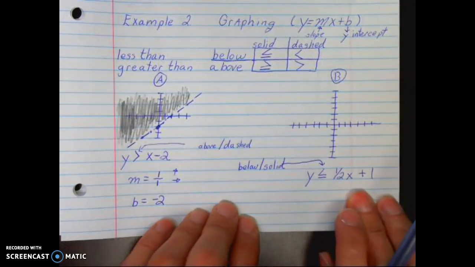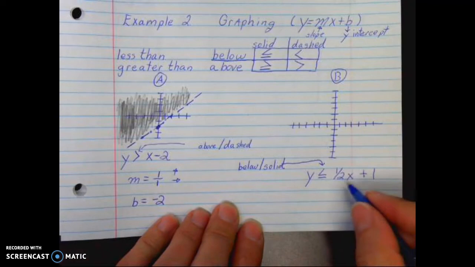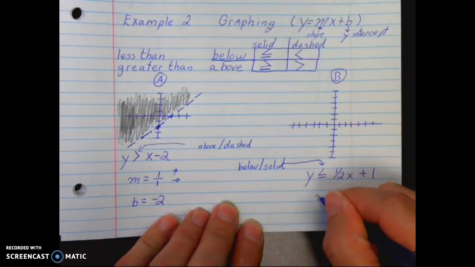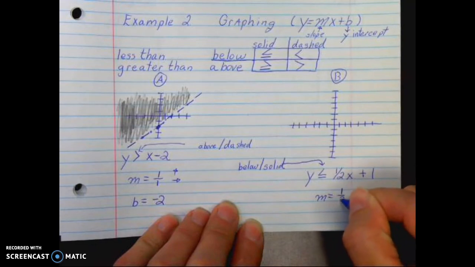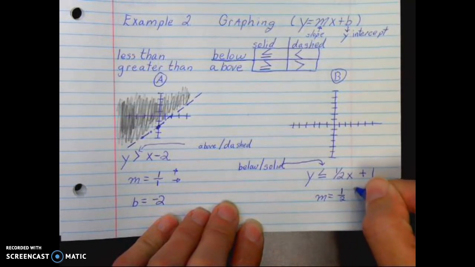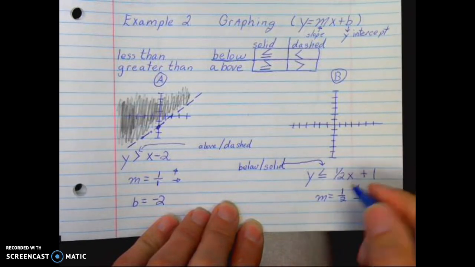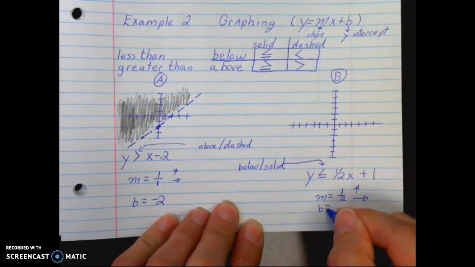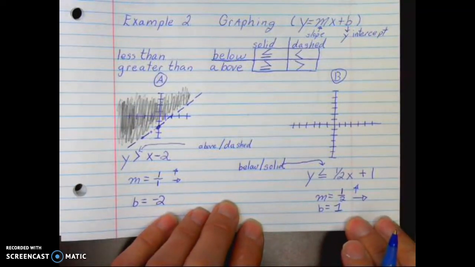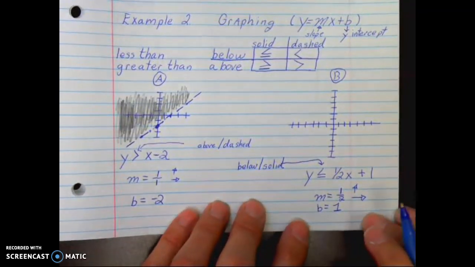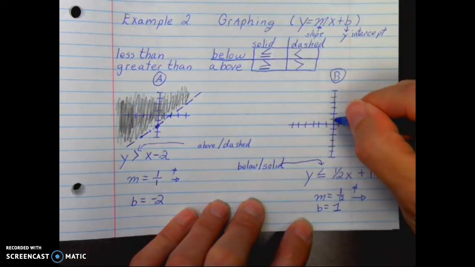Again, this time we actually have a fraction for slope. So that's going to be up 1, remember? Up 1 and then over 2. And my b is 1. So let's graph this one real quick. I'm going to go to 1. That's right here.